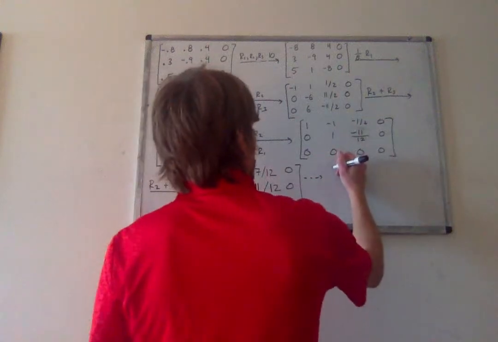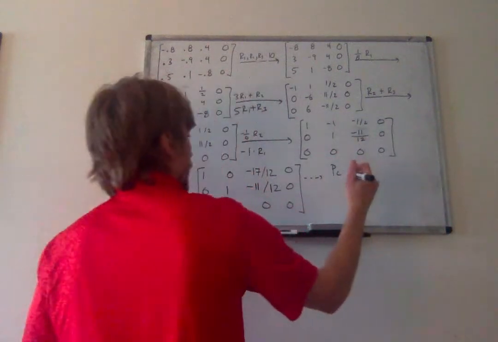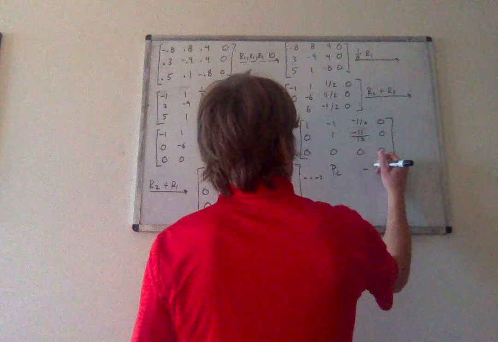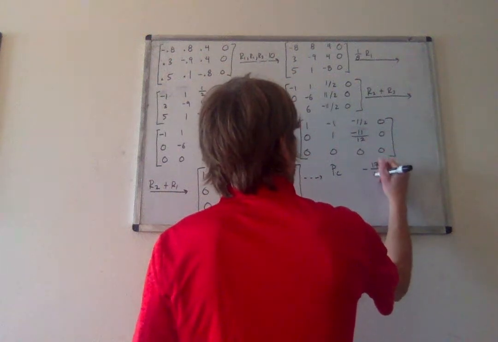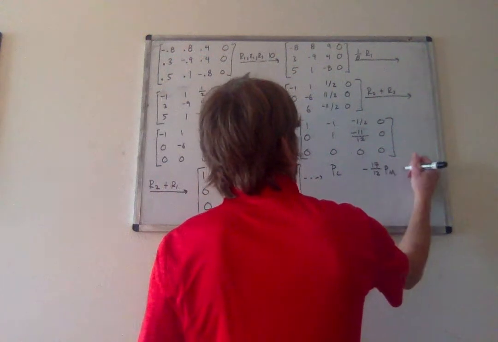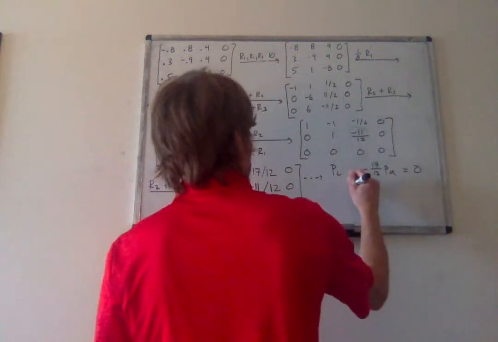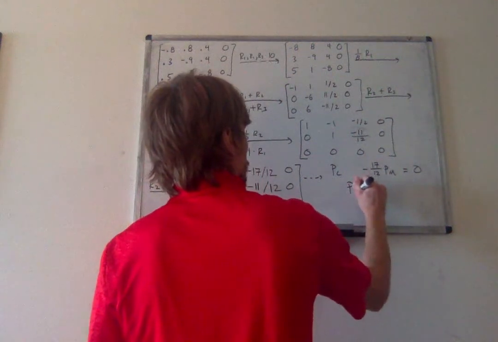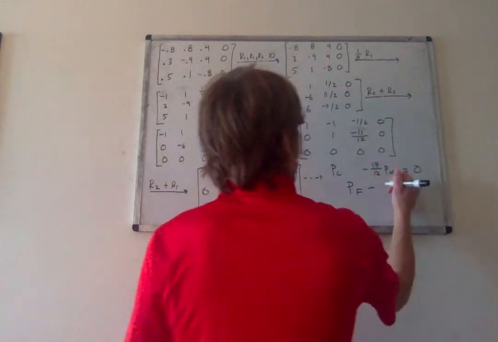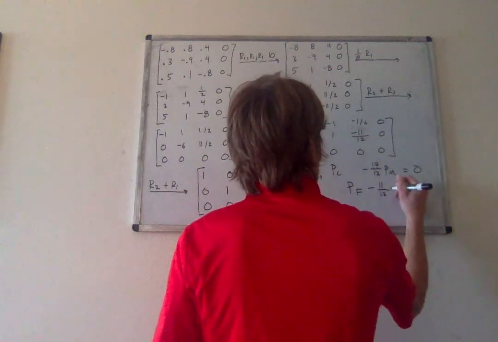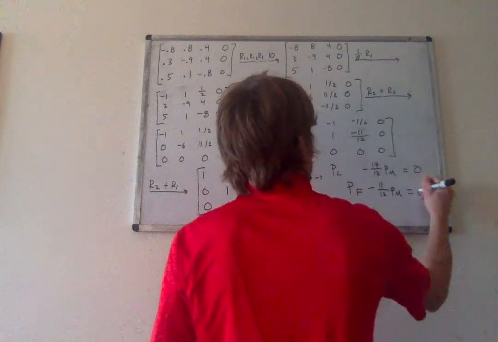So I get the following system of equations. I get that the output of chemical minus 17/12 times the output of machinery is equal to 0, and that the output of fuel minus 11/12 times the output of machinery is equal to 0.